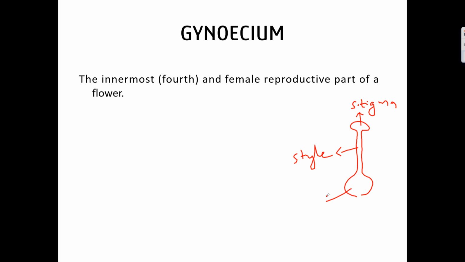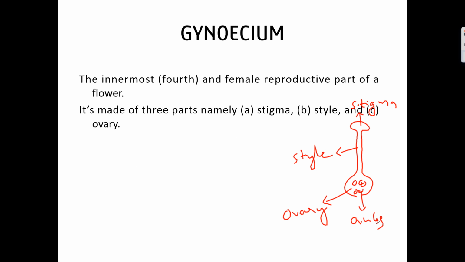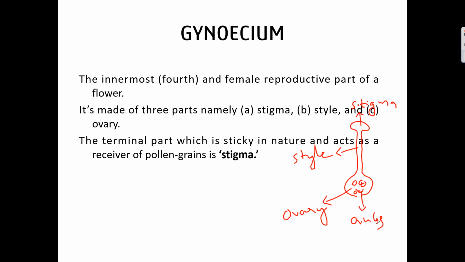And this region is called the ovary, and it contains ovules. So it is made up of three parts as I discussed: stigma, style and ovary.